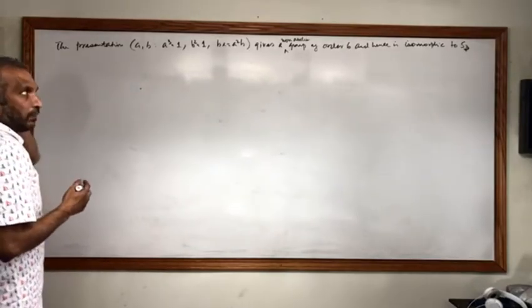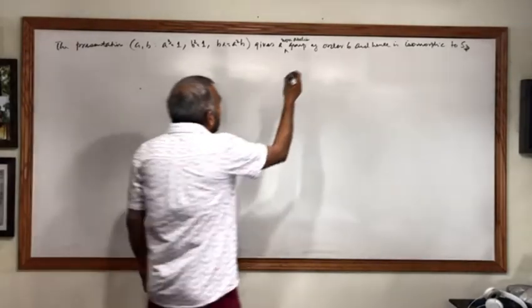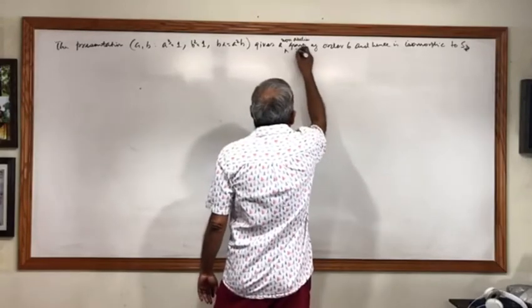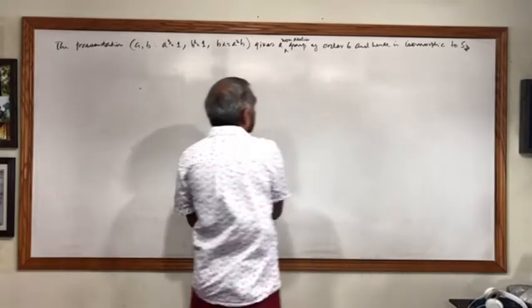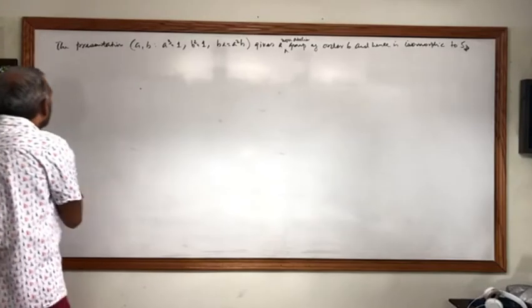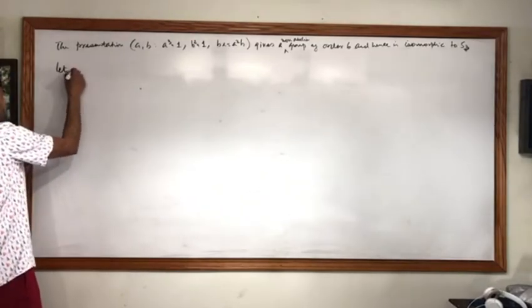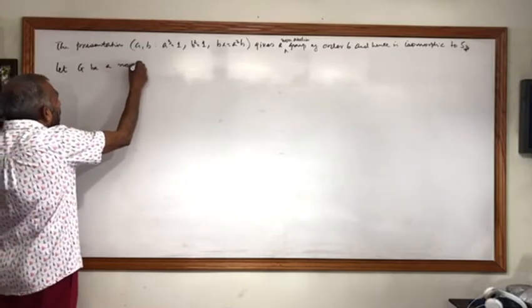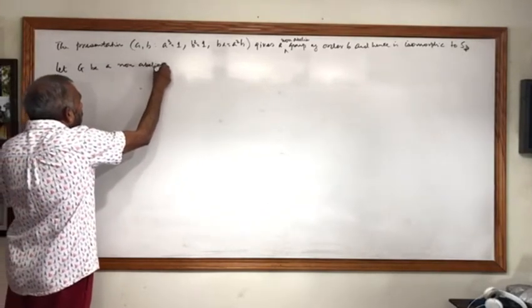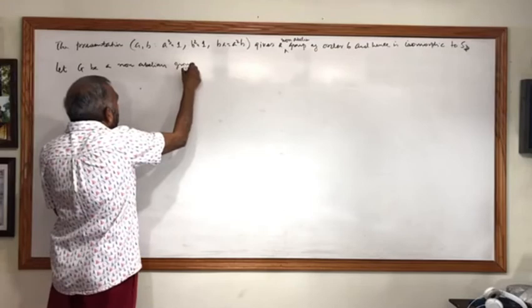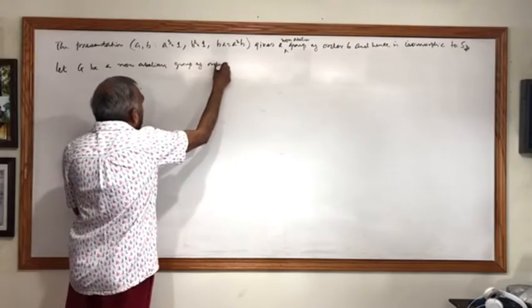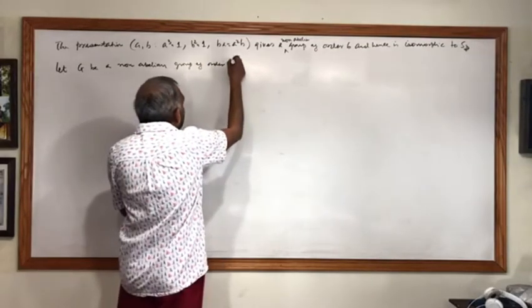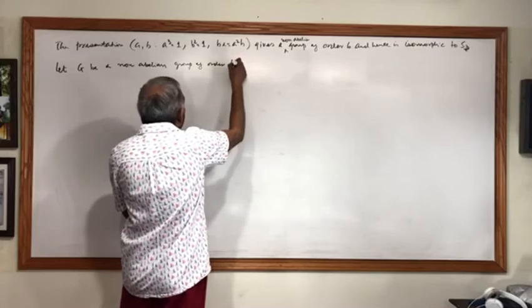So we are trying to find out a presentation of a non-abelian group of order 6, right? So let G be a non-abelian group of order 6.